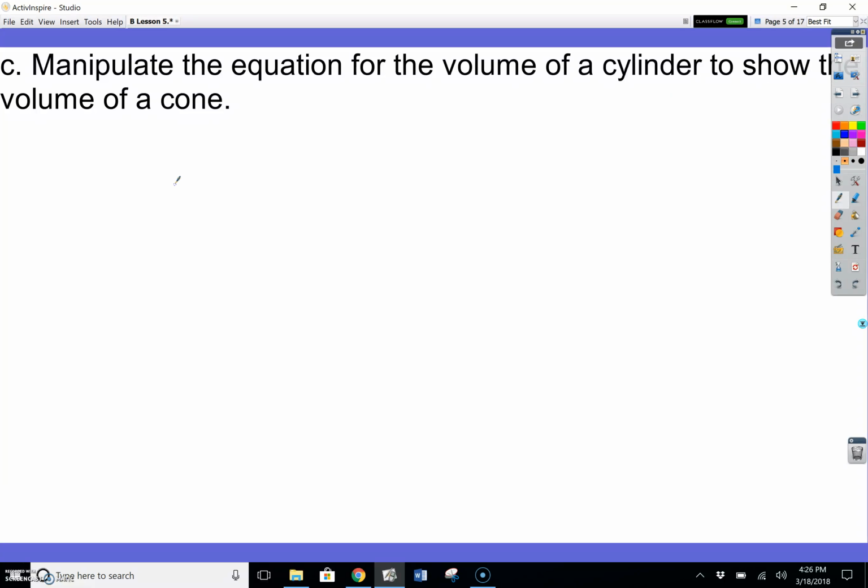So really quickly, we know that 3 cones equals 1 cylinder. We know the formula of a cylinder is pi r squared times the height is equal to 3 cones.